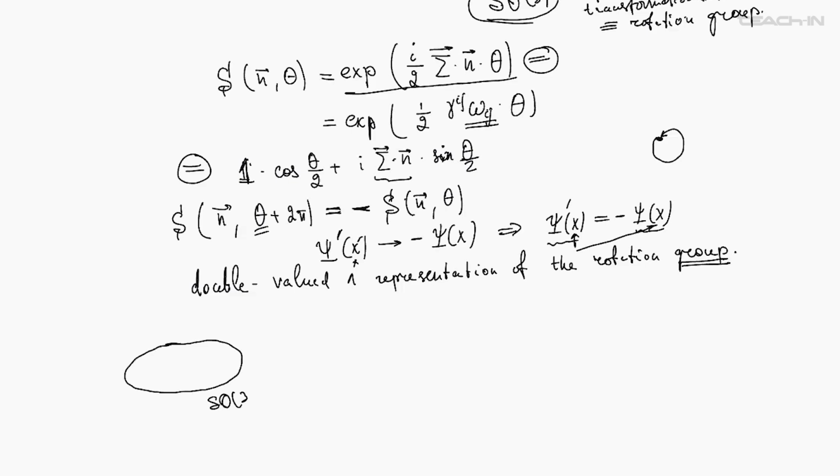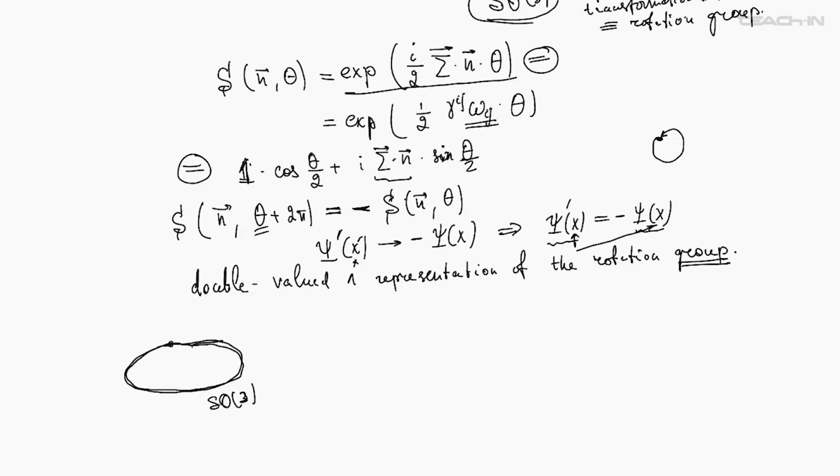Not simply connected means that there are loops in SO3 that are not contractible to the identity. Such loops, which are not contractible to the identity, mean that the corresponding space is not simply connected. So SO3 is not simply connected, and as such, it has a special class of representations which are not single-valued but double-valued.